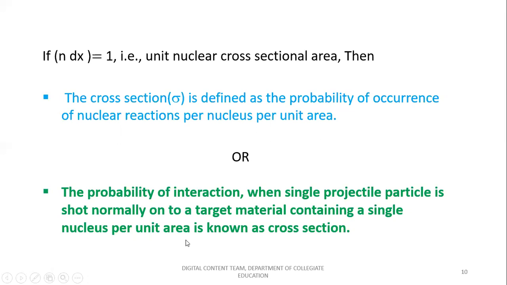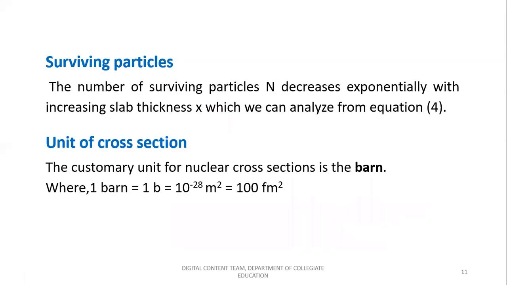So with this definition of nuclear cross section, we will move on to understand what exactly the surviving particles are. Surviving particles are nothing but the total number of particles which come out of the target material after the interaction, such that it can be obtained by considering how many incident particles interact with target nuclei.